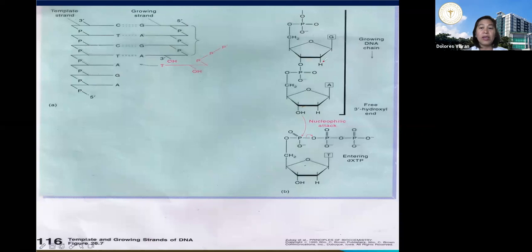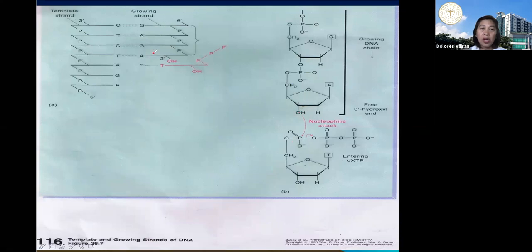And during DNA synthesis, the substrates will be these dNTPs, your deoxynucleoside triphosphates. During replication, two phosphate groups will be cleaved off. Only one phosphate will be left behind, which will now interact with the 3' hydroxyl group here, okay? So remember, you form a phosphodiester bond between a 3' hydroxyl and a 5' phosphate, okay?